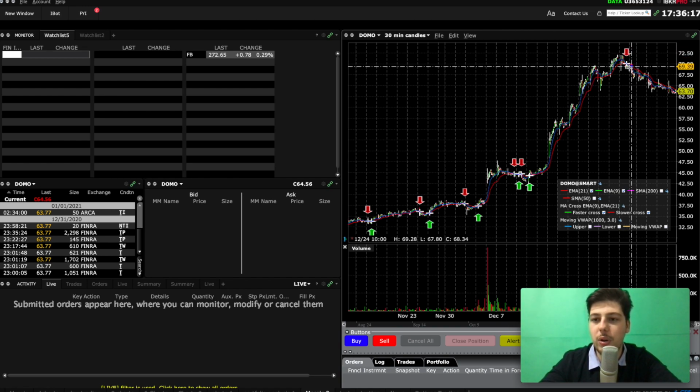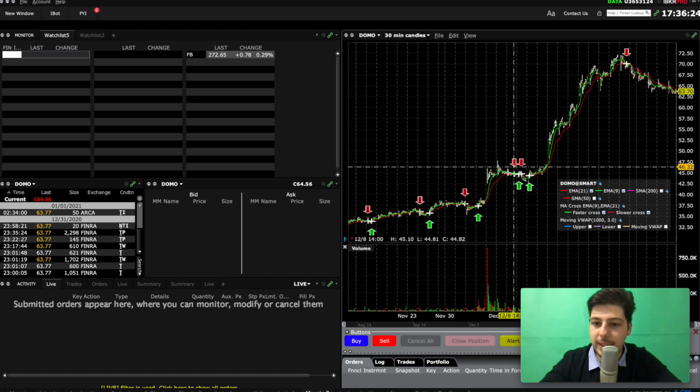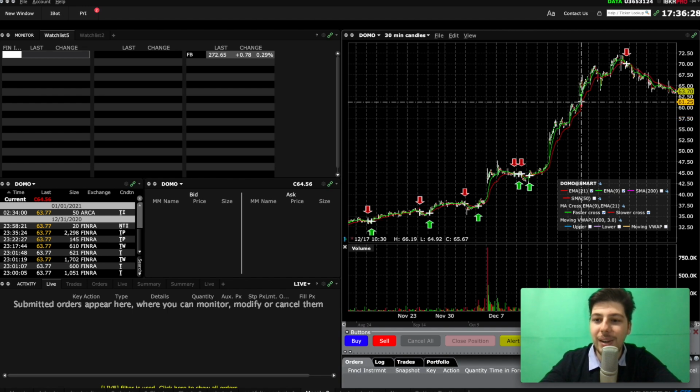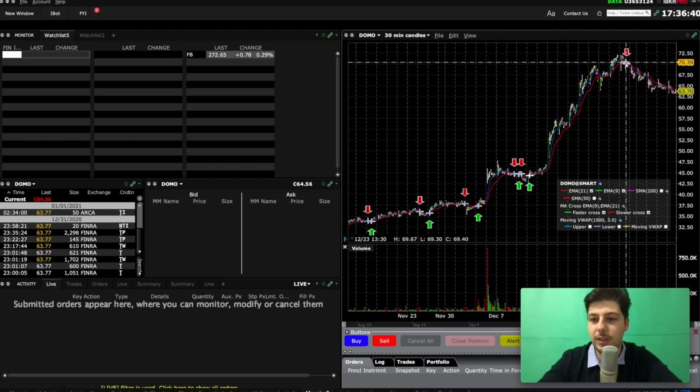In Interactive Brokers, there's a preset that you can use for the 9 EMA and 21 EMA, and it will even give you buy and sell signals, which is pretty cool. So we got in here, and without worrying where to sell, whether a small profit or a big profit, you just sell whenever it crosses.